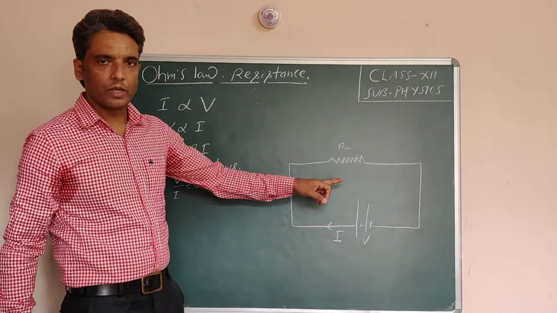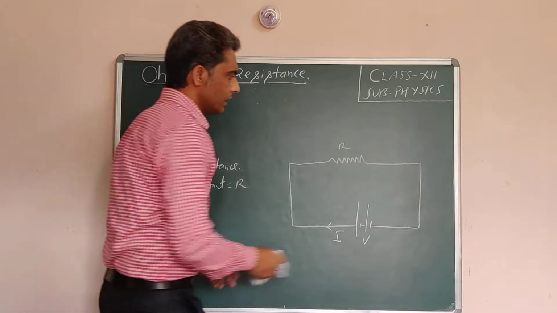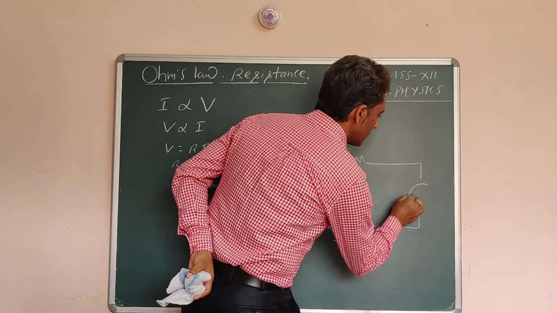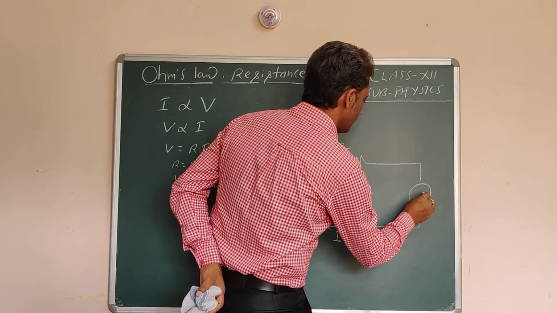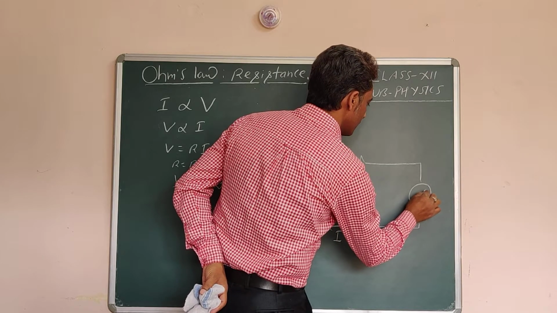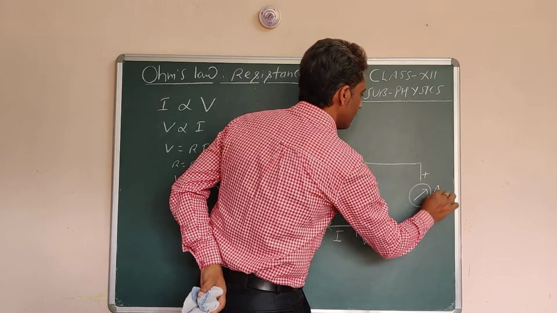Now for measurement of current, we have to connect an ammeter in series. So here I will connect an ammeter. This is an ammeter. This end is negative, this is positive.